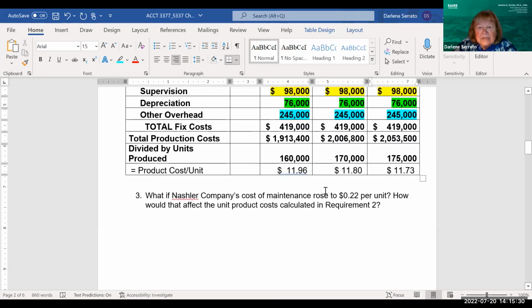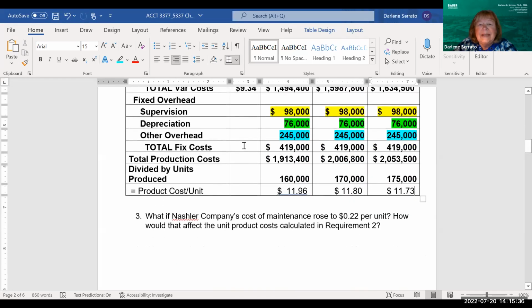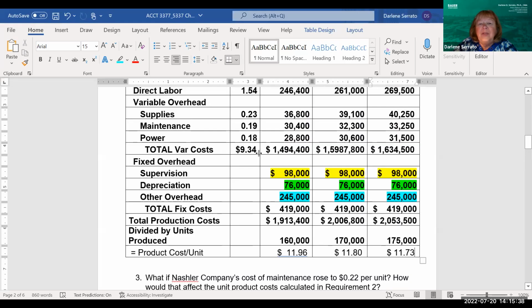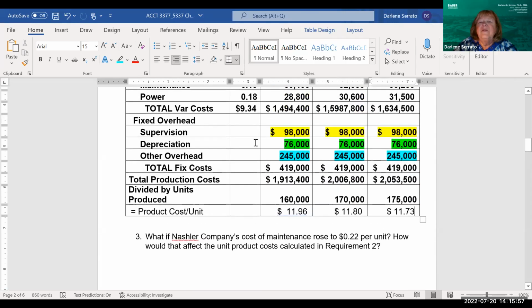So maintenance will go from 19 cents to 22 cents. So this would go up by 3 cents. So this would be 9.37. We would be dividing the same fixed amount by the same number of units. So the cost per unit will increase, but it will increase because the variable cost per unit increased.